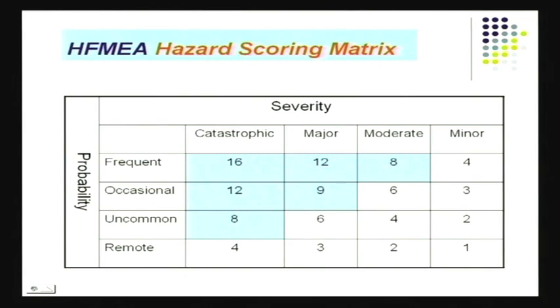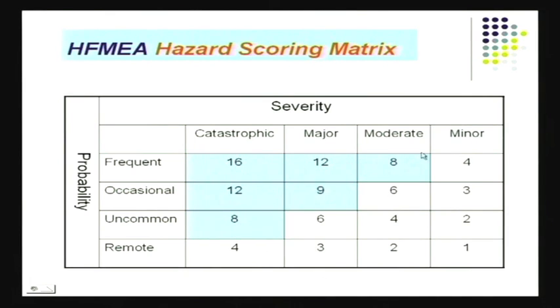We calculated RPN, and what this matrix approach is doing is ranking the severity in terms of the consequences: catastrophic impact, major impact, moderate impact, minor impact. So it's got some ratings there, and then you've got probabilities. If it's frequent and it's catastrophic, you give it this. If it's frequent and major, you give it this number, and so on and so forth. If the probability is pretty remote, pretty infrequent, and it's a minor severity, you give it number 1.